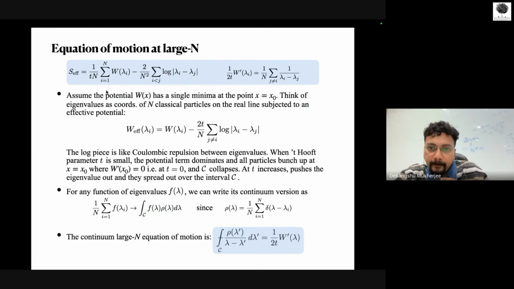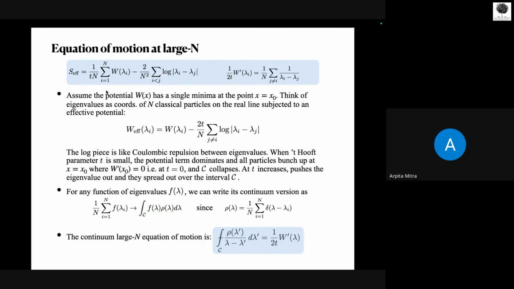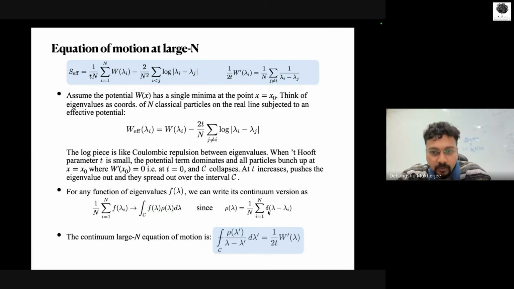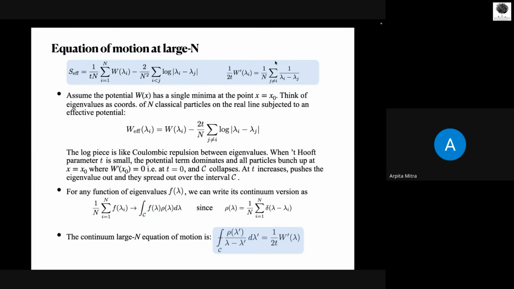And on the right hand side, in the equation of motion you have written, if I plug back the density rho of lambda equal to that 1 by n sum, then only I can get the last equation, right? Yes, of course. If you take the discrete sum and plug it back, then as n goes to infinity, the discrete sum will be replaced by the integral.